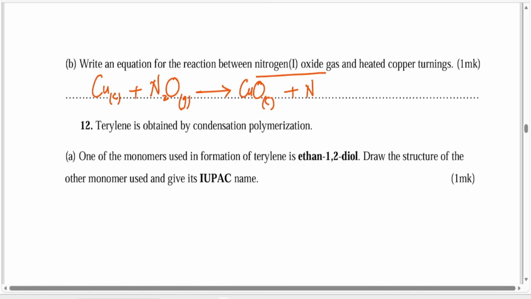The nitrogen(I) oxide is itself reduced to nitrogen gas, and we balance the equation. The equation is simply balanced. We have 1 copper, 2 nitrogens, 1 oxygen on both sides, and this gives you 1 mark for correct state symbols. Next question.